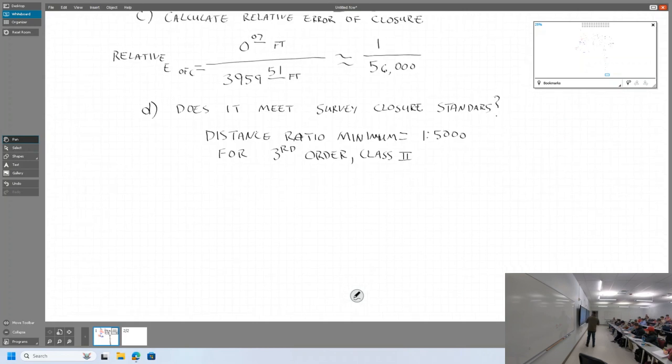The other part that you can check is the formula for the angular closure of this class, or this order.